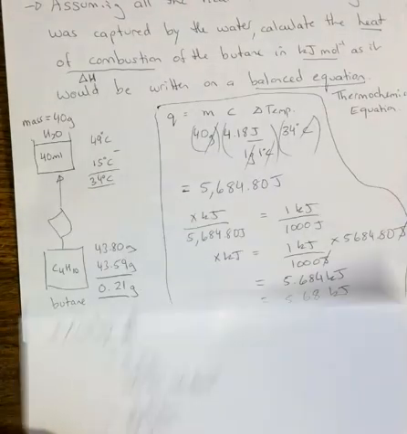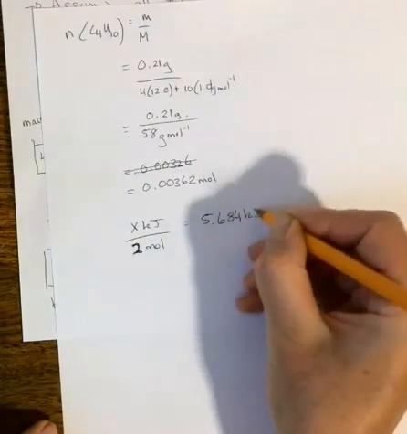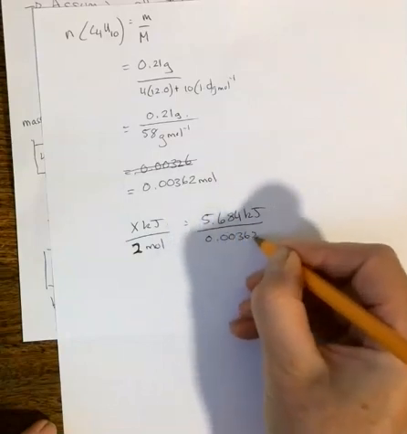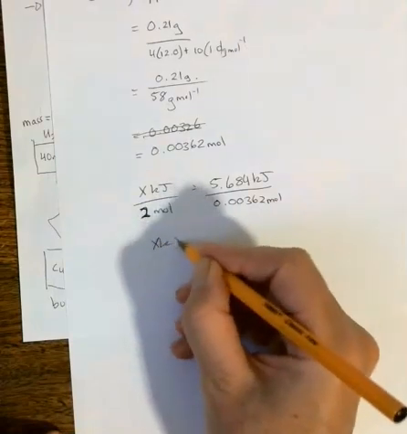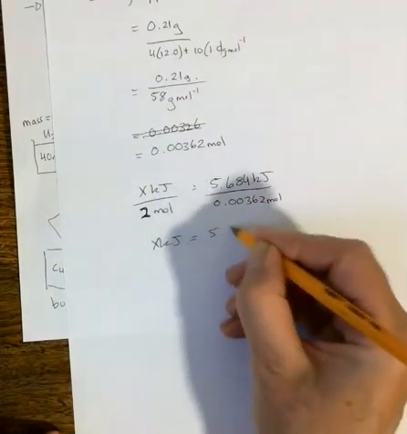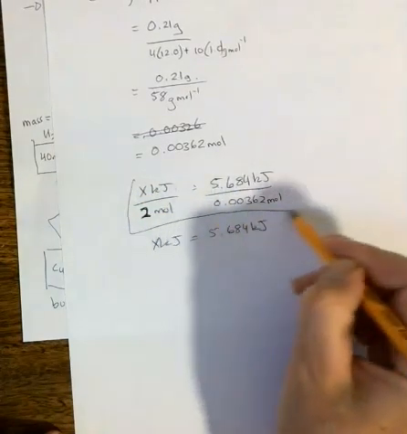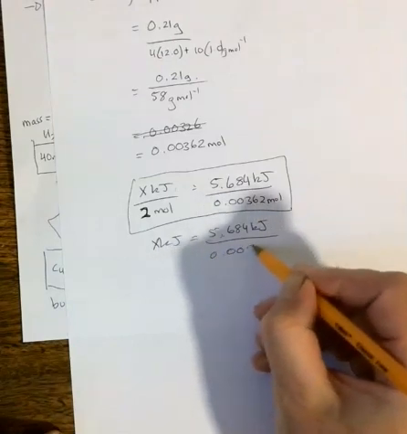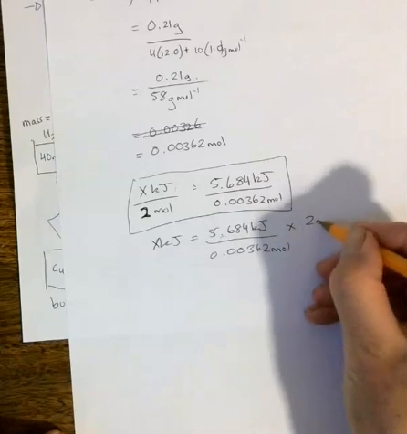Alright, so 5.684 kilojoules for this many moles of butane. So the number of kilojoules for, remember, this is our ratio. Take it over the other side and multiply it, and the units will cancel out. So 2 moles.